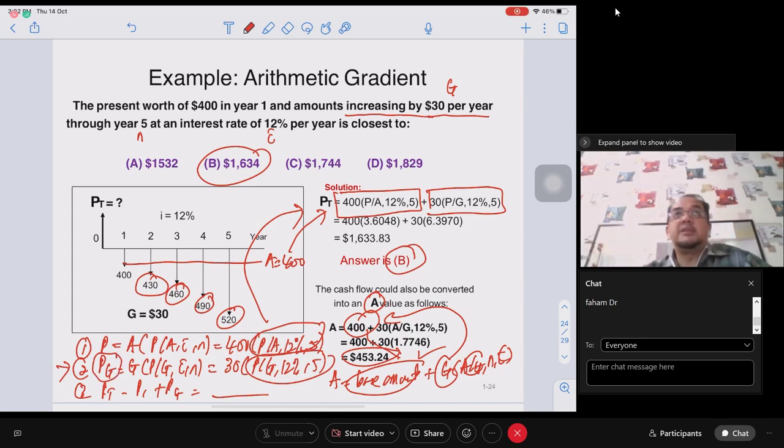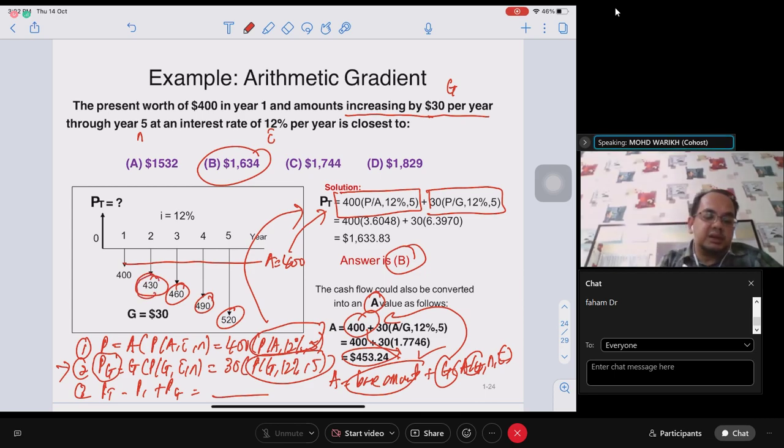That's why I said before, you have to divide it into two calculations. The first one is A1, based on the A, P is given. Sorry, you have to find P. A is given. The second one is about the arithmetic. Arithmetic is the difference in numbers between year 2 and year 1.